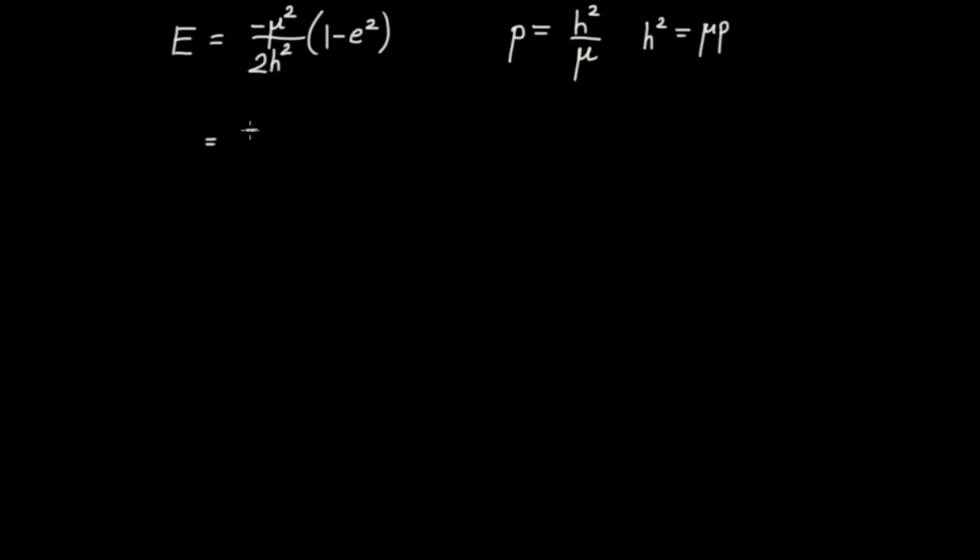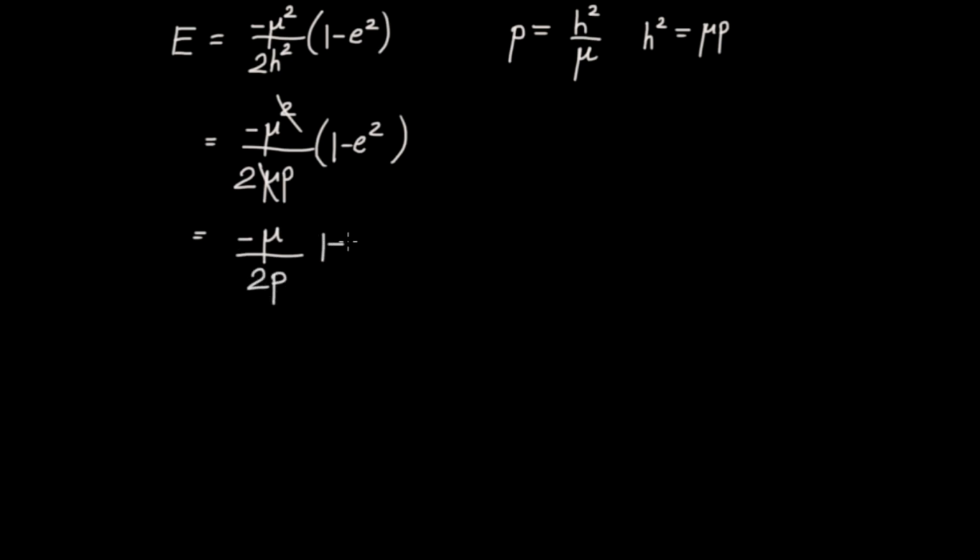So I'm going to get minus mu squared over 2 times mu p, and then I have that factor of 1 minus e squared. So I'm going to cancel out one copy of the mu, so I'm left with minus mu over 2 times p times 1 minus e squared.